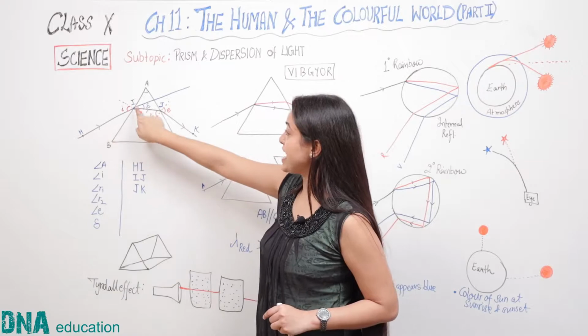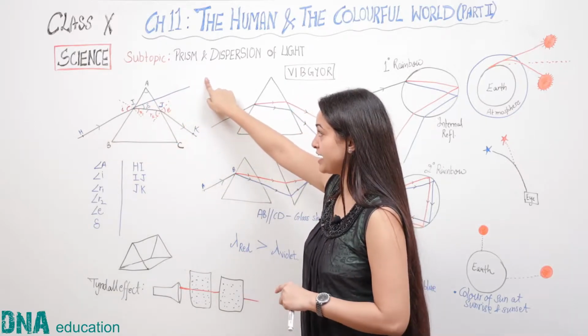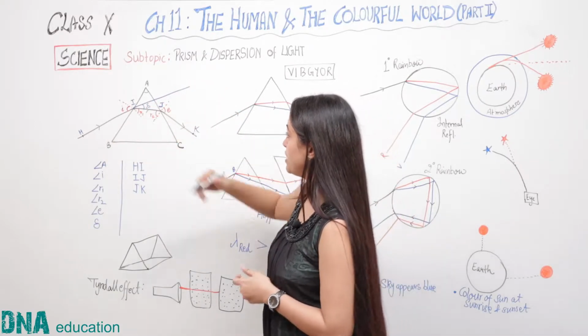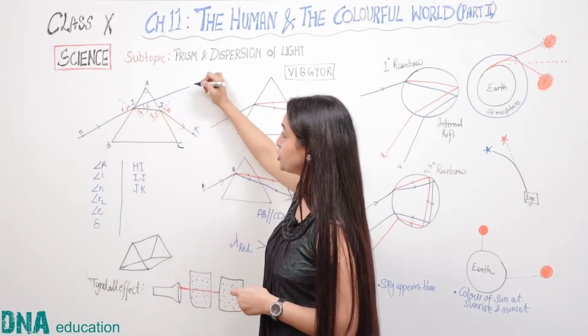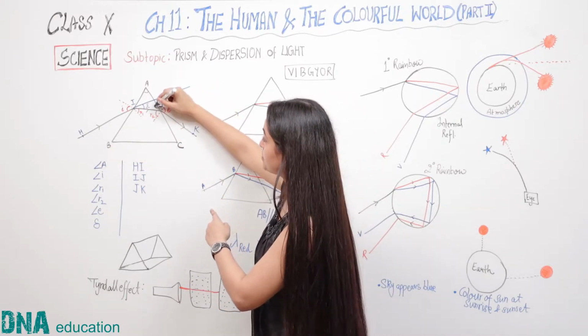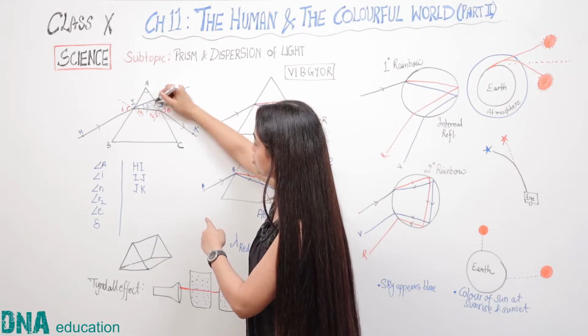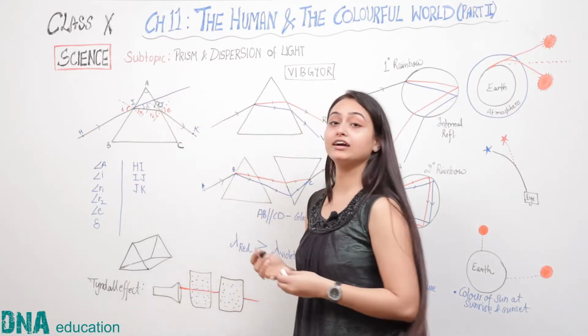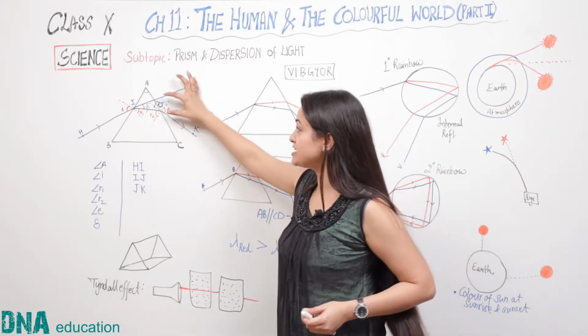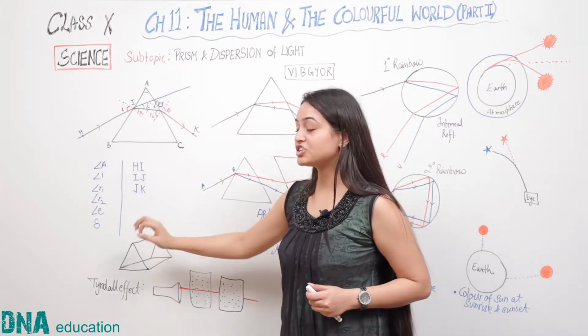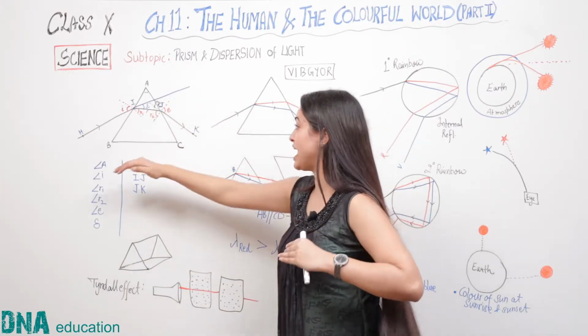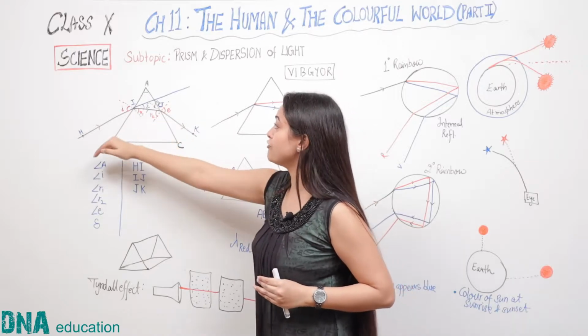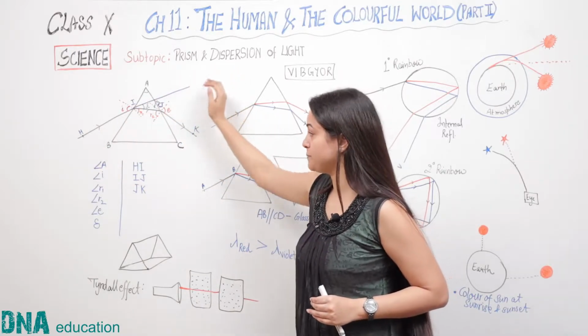When we produce HI along a straight line, then the angle formed between this produced incident ray and the produced emergent ray is called delta or angle of deviation. This is the angle of deviation which indicates that how much the light ray has deviated from its actual path.